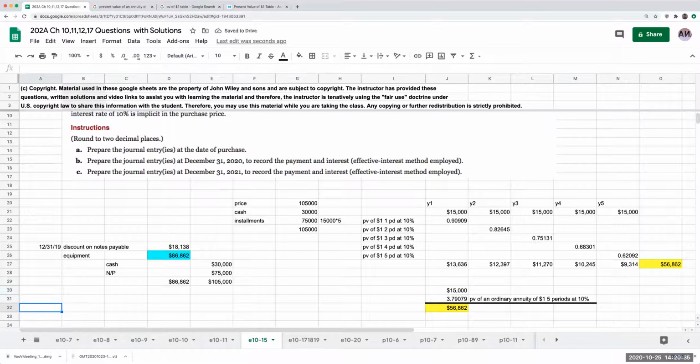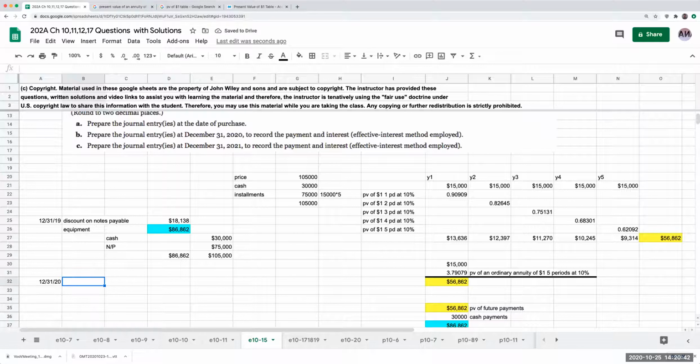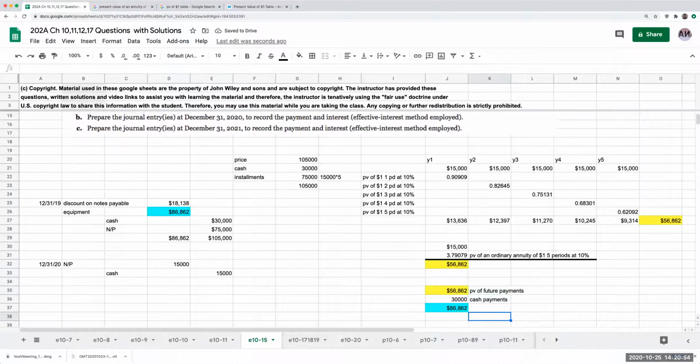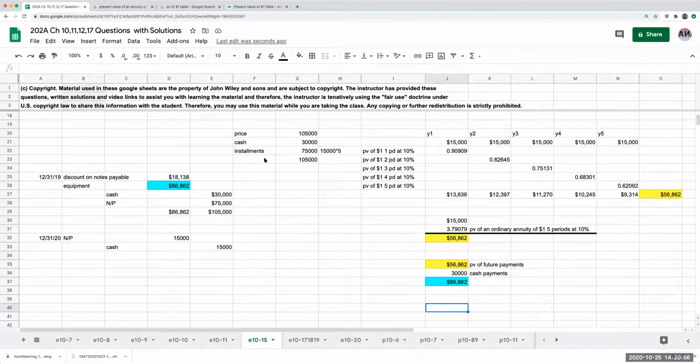So now let's go over here to 12/31/20. Okay, let's do the easy part first. I know that I'm going to be debiting notes payable for 15,000, and I'm going to be crediting cash for 15,000. However, what I need to deal with now are the interest payments.